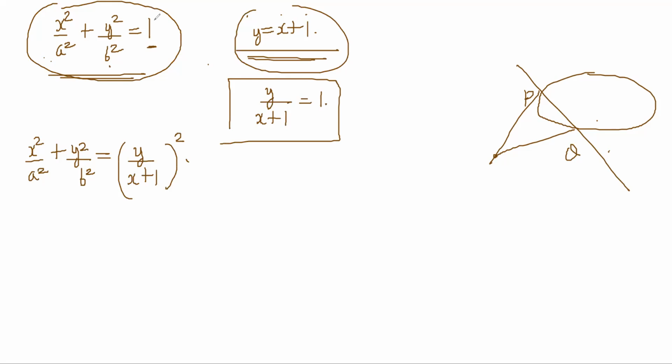Because this is 1, no? See, I need a 2 degree term, so I can multiply by as many times 1 as possible. So this will ensure that everything is 2 degree here. So what will happen now is y square by x plus 1.